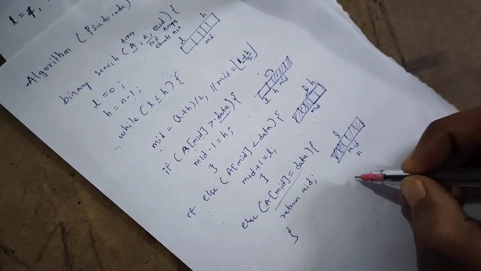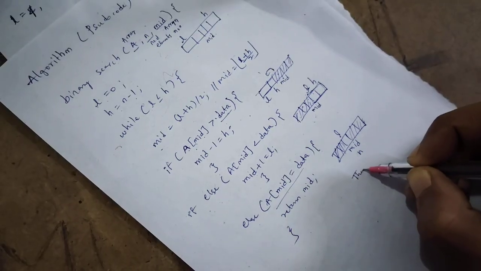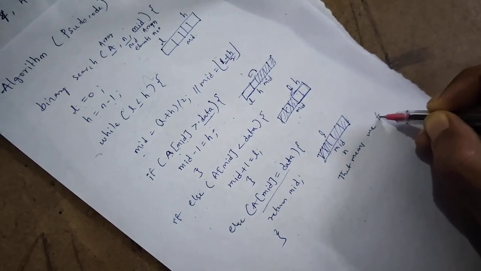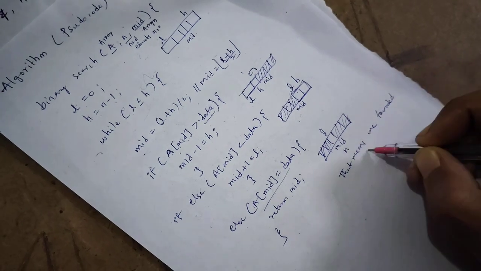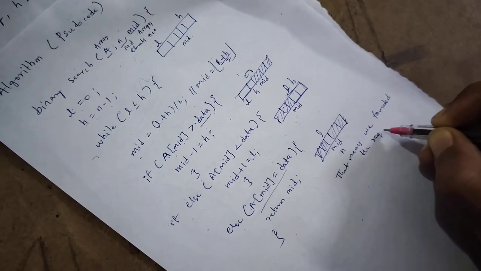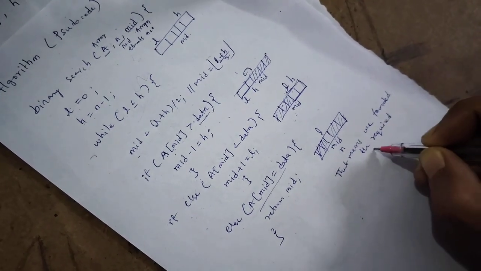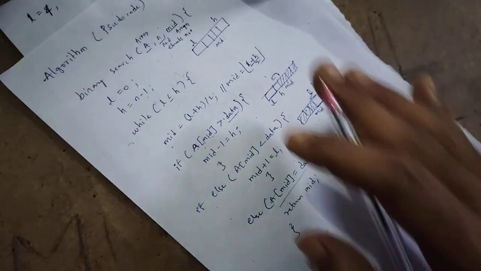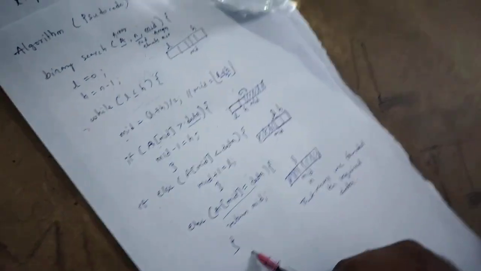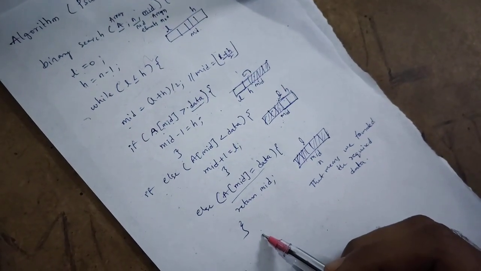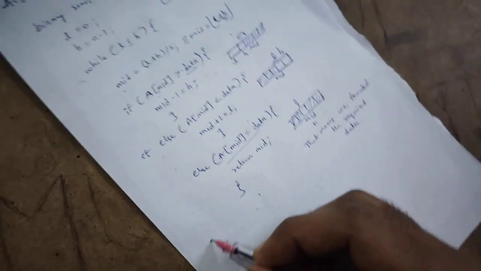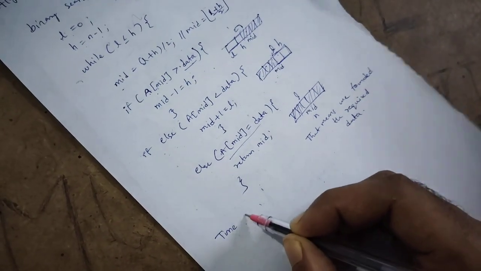We found it, that means we found the required data. This is the algorithm to understand binary search. Let me explain the time complexities.